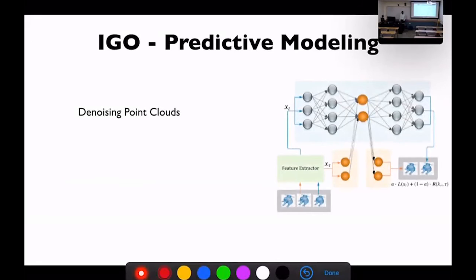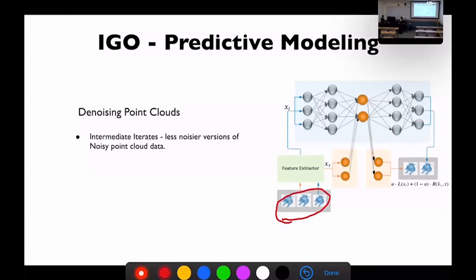So yeah, we saw point cloud denoising is a hard task because what you have here are noisy points of a point cloud, and the goal is to get the denoised version.